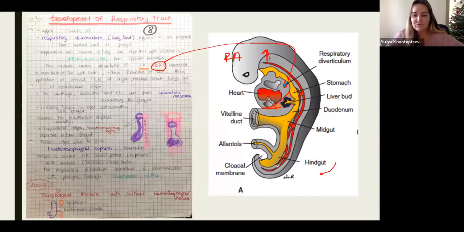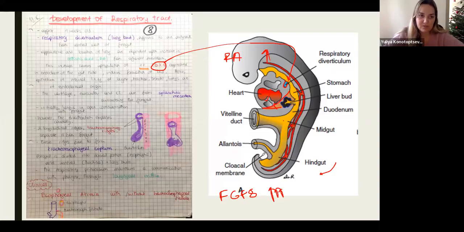The highest concentration in the tail is going to be FGF8, fibroblast growth factor 8. So it's the highest in the tail, and it's the lowest in the head. So this creates some sort of patterning of organs. That explains why some organs are present in the cephalic region, while some are in the caudal.